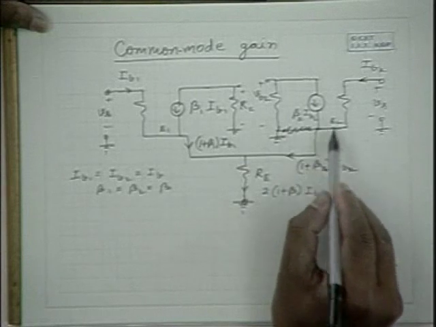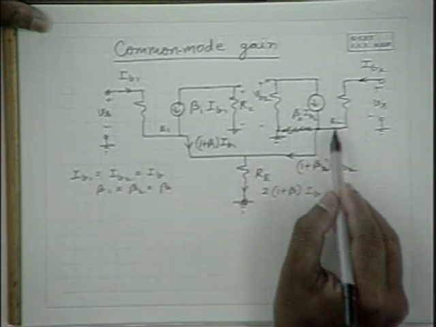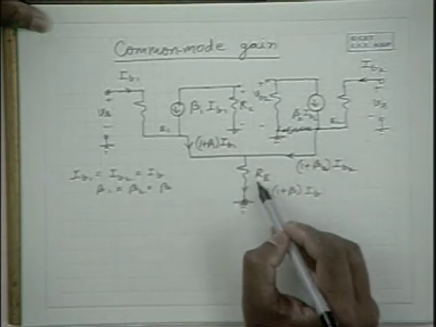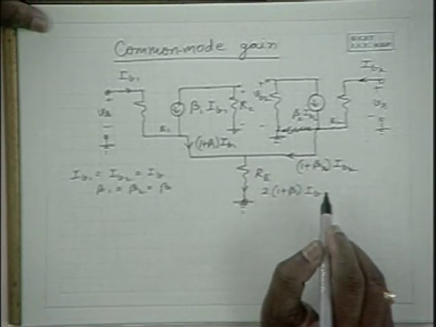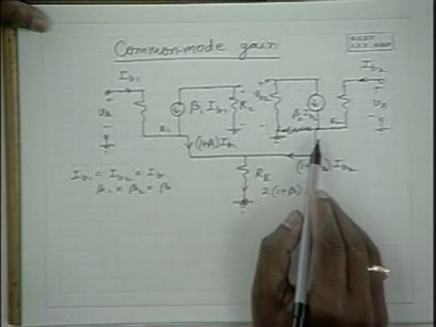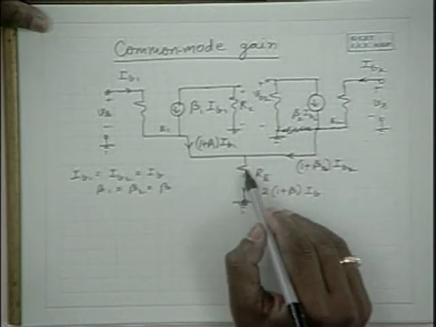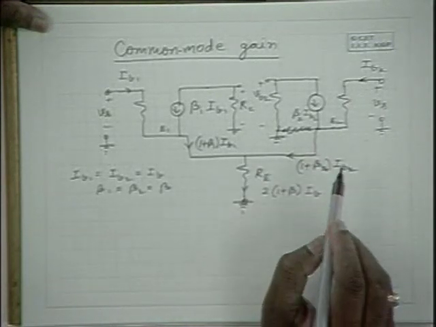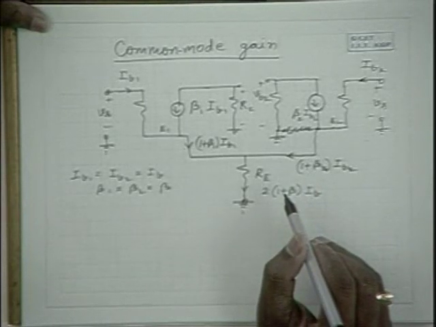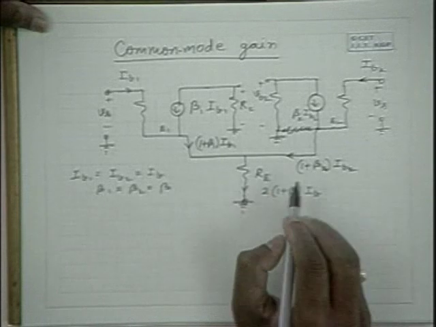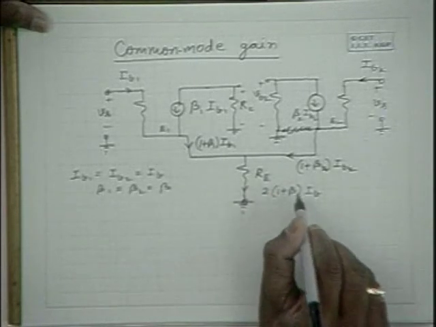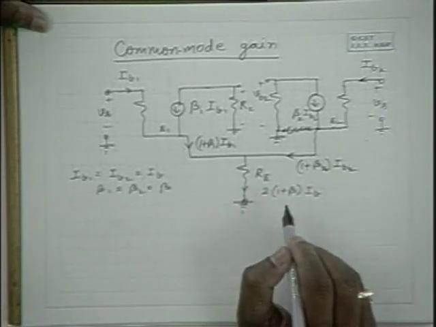The actual current is 2 into 1 plus beta into IB, and the voltage drop here is equal to 2 into 1 plus beta into IB into Re.